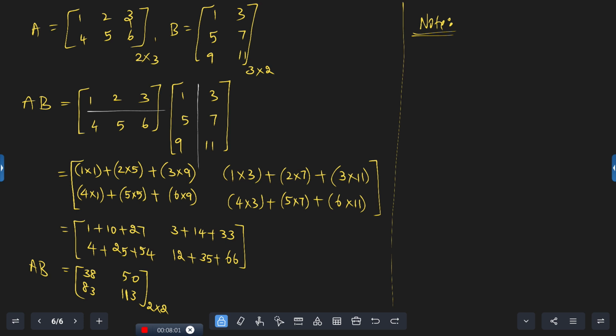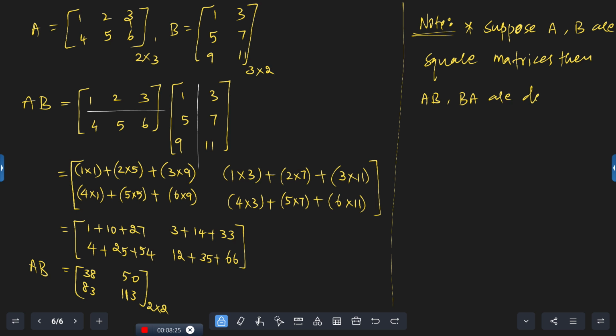Note, first point: suppose A and B are square matrices, then AB and BA are defined. Square matrix means no need to check order.